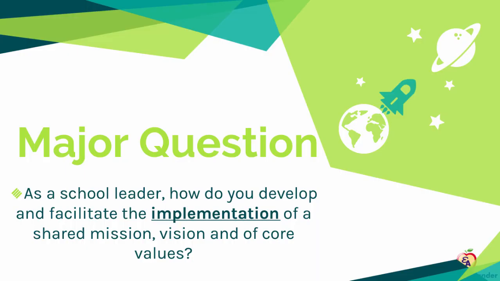The major question for this one is, as a school leader, how do you develop and facilitate the implementation of a shared mission, vision, and core value? I think it's easy to come up with them sometimes, especially if we come up with really fluffy mission, visions, and values that don't really get to the core of my campus.